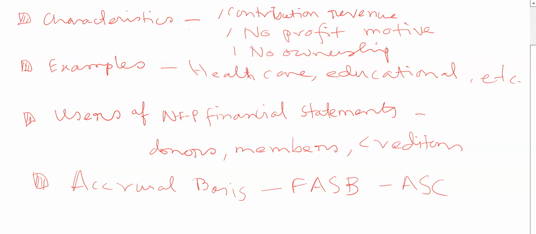Now, all not-for-profit entities will prepare four parts of their financial statements. One is the statement of financial position. This statement is just like a balance sheet. It will give you a snapshot of not-for-profit organizations' assets, liabilities, and net assets.